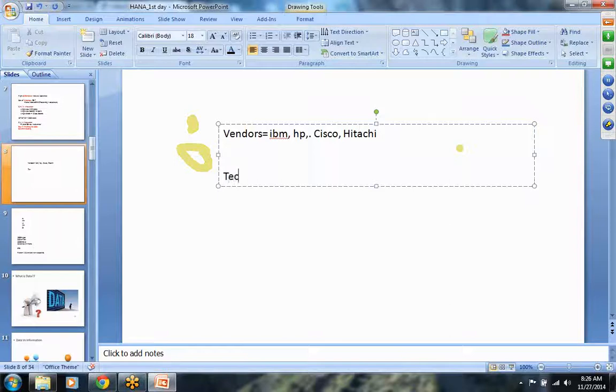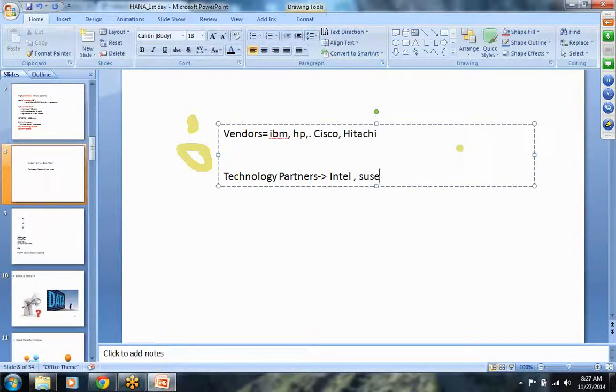And technology partners. So the technology partners are Intel and SUSE Linux. So SUSE Linux is nothing but a Linux environment where HANA can run or install.